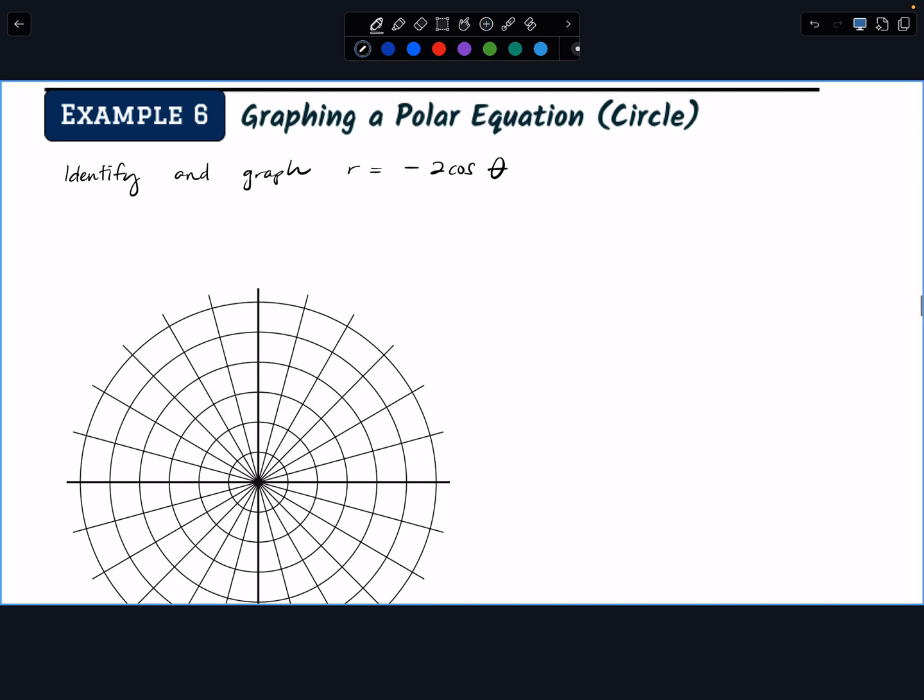Okay, what could I do to kind of do something similar here? Multiply both sides by r, good. So if r is equal to -2 cosine theta, I need to multiply both sides by r first to get r squared is equal to -2r cosine theta.